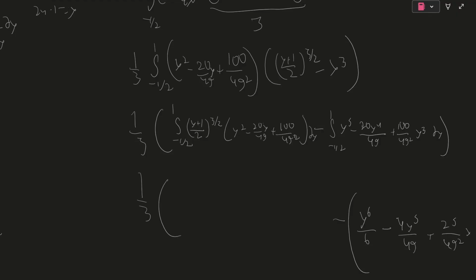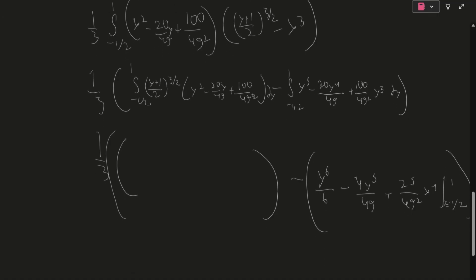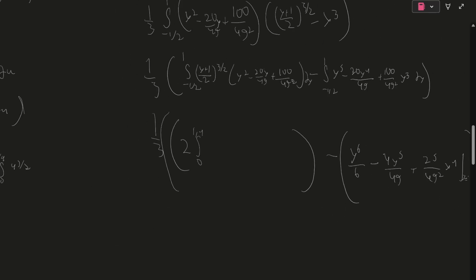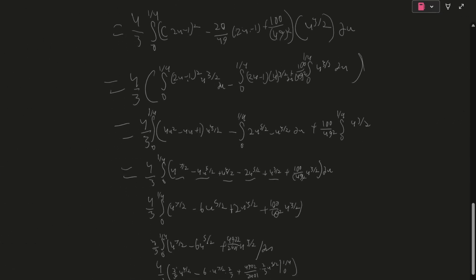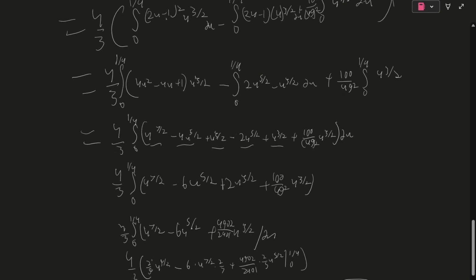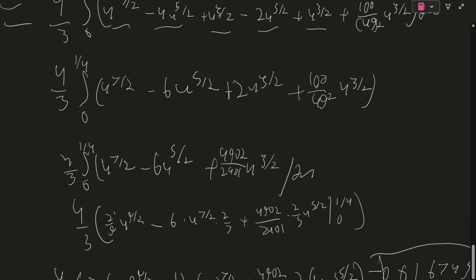So we have 1/3 times, and we'll go ahead and do the u sub, not directly, we're not going to go through the whole entire thing again. But we know that it results in 2 times the integral from 0 to 1/4 of this integral.